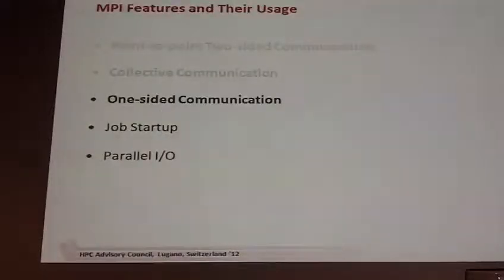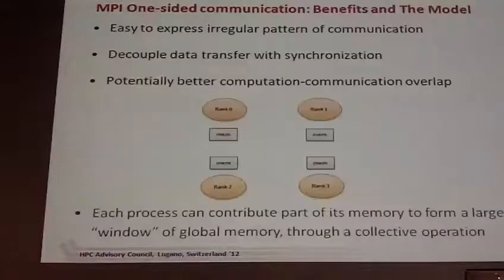Now the point-to-point and the collective were part of the MPI 1 standard, and then the MPI 2 standard especially introduced something called one-sided communication. The idea here is that when you say send receive, I am sending, you are receiving, so we call this two-sided. But one-sided decouples the data transfer from synchronization, and it is especially good for irregular patterns of communication.